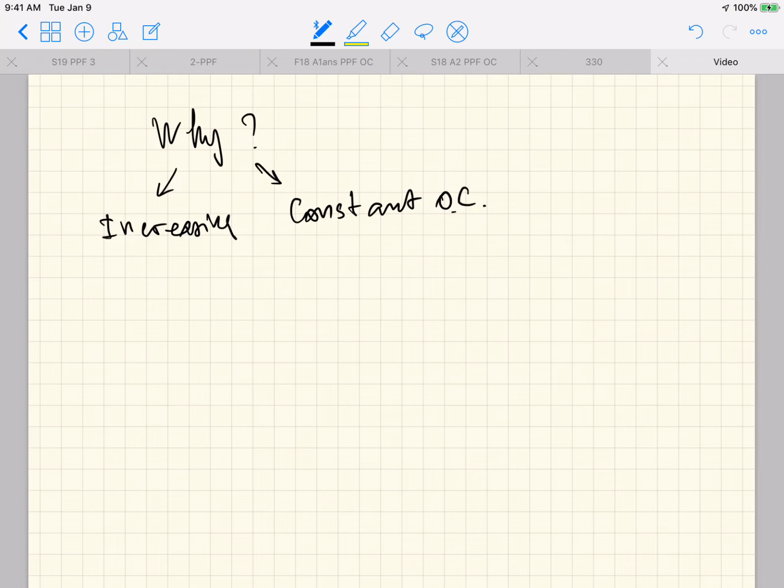Simply put, you'll have constant opportunity cost if the resources that you're using to produce your stuff are equally suitable for their purpose. For example, think of land. Story of land. If your land is uniform, which basically means that you have one large, let's say, lot of land, and it's all the same.